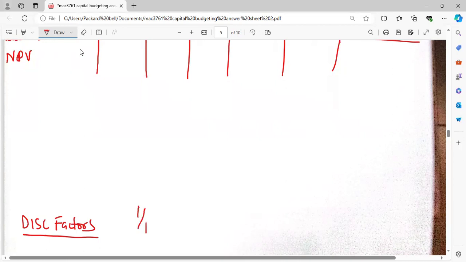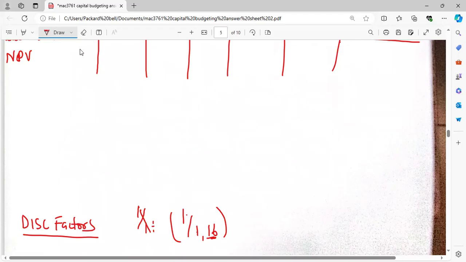So which means you just come on your calculator and say 1 divided by 1.16. It will give you the first discounting factor. It is determined by the rate that you have. If you have 10, you say 1 divided by 1.10.